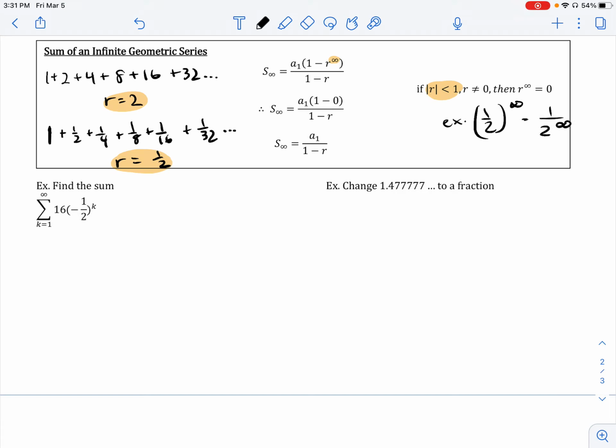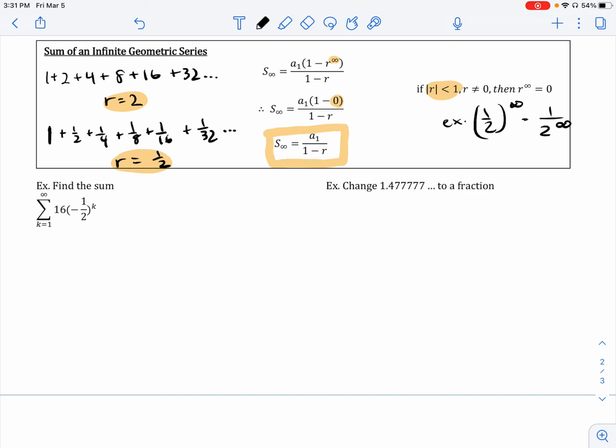And that denominator is going to continue to grow, which makes this fraction raised to the infinity power get closer and closer to 0. And when you have 1 minus 0, that's just 1. And what is 1 times a sub 1? It's just a sub 1. So we have this formula here.